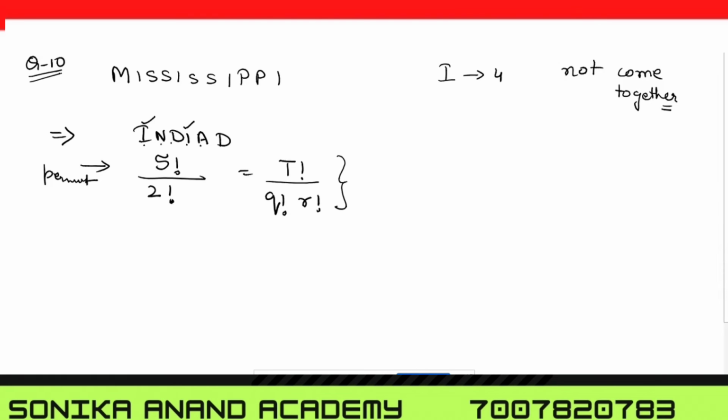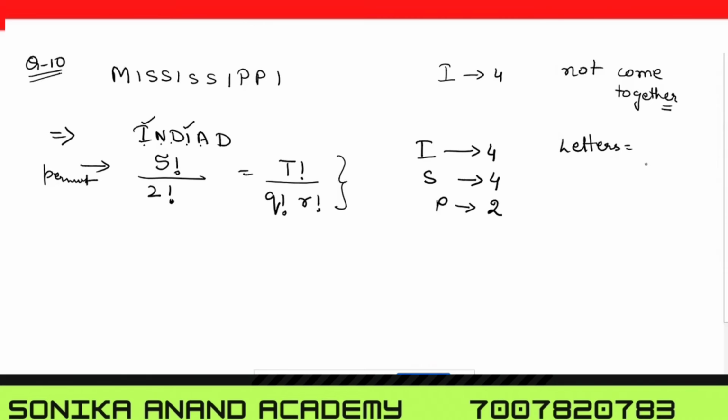Now here in the word Mississippi, I can observe I is repeated 4 times. S is repeated how many times? 4 times. P is repeated how many times? 2 times. And how many letters are there? 11.